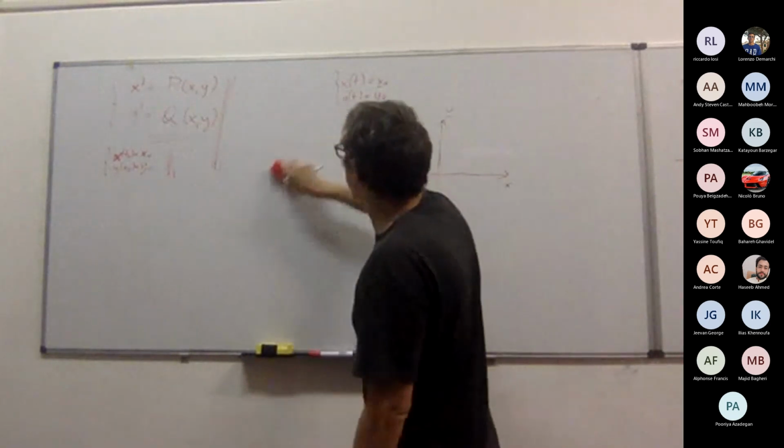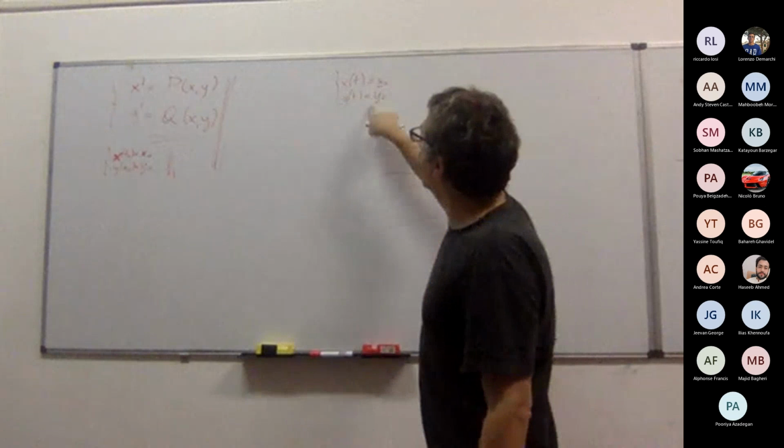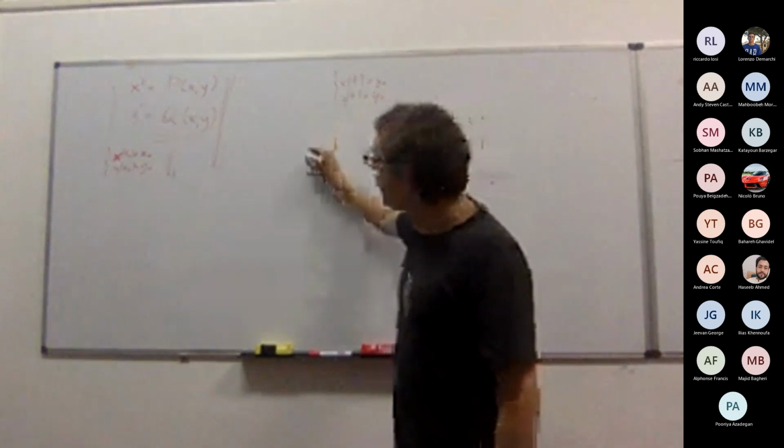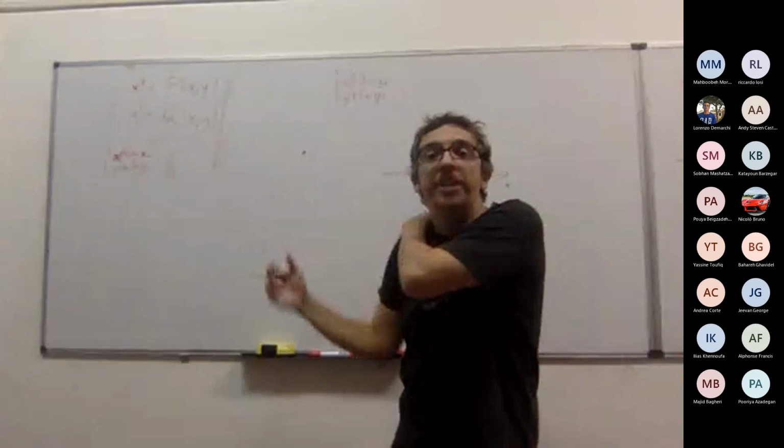But the same happens if the solution is just a point. If I have a solution which is just one point, this is enough for saying that in this point I already have the solution.